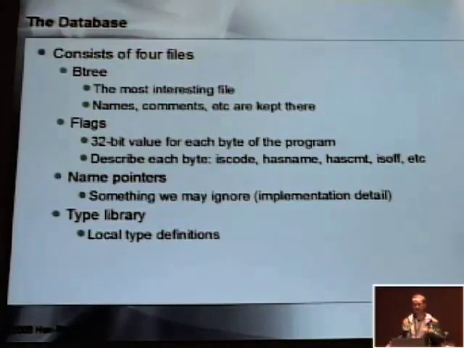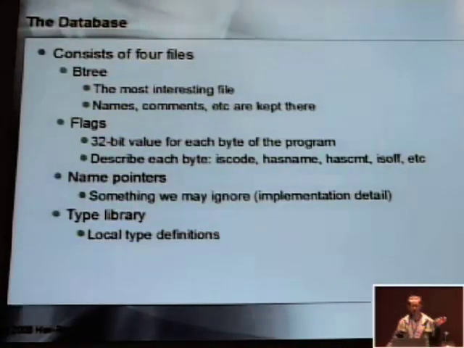Type information is temporarily kept there also. The next file is called the flags file. For each byte of the program, IDA allocates a 32-bit value, which describes each byte: if it's code or data, if there's a name attached to it, if it has a comment, how the operands are represented, and all this stuff is encoded in these flags.